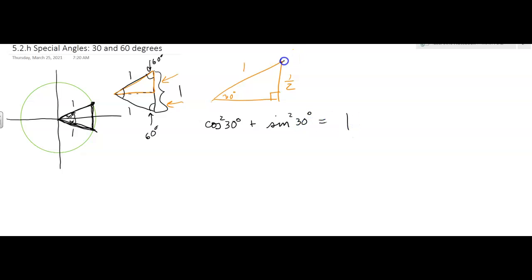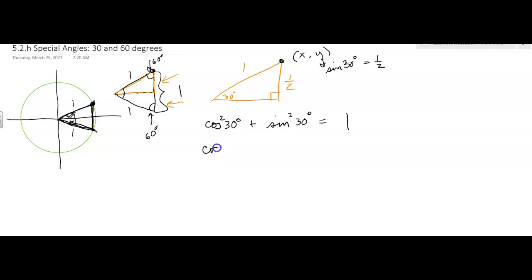Okay, now here's the point here, right there, on the unit circle. So we know the y, we don't know the x, but we know the sine. So the sine of 30 degrees is equal to 1/2. Okay, so think about a point and the coordinates, and hopefully that'll make sense to you.